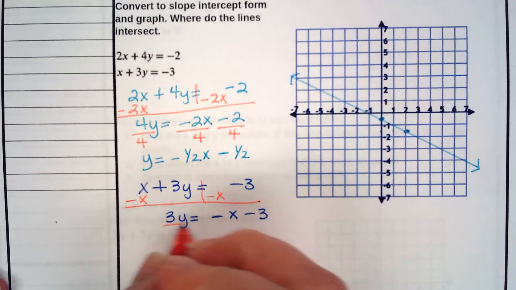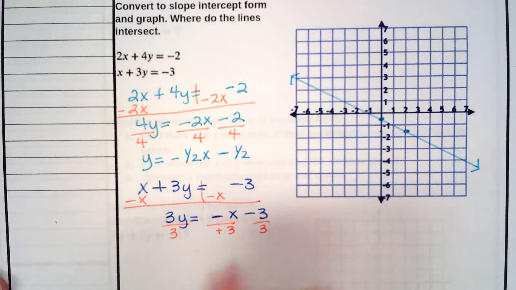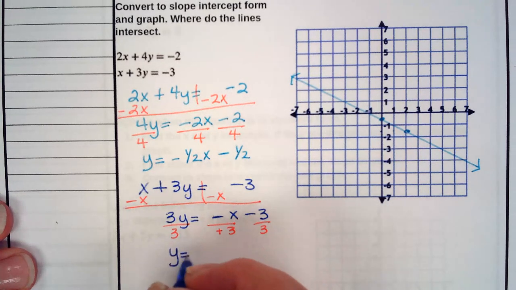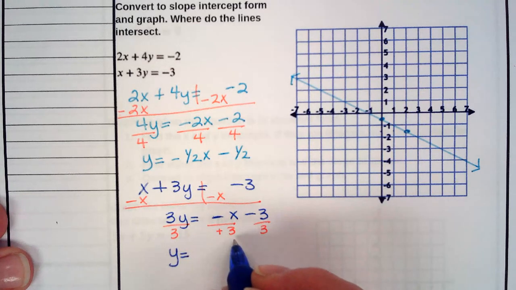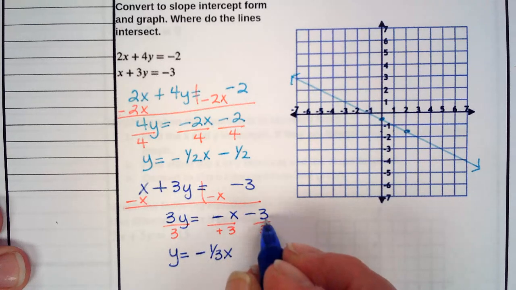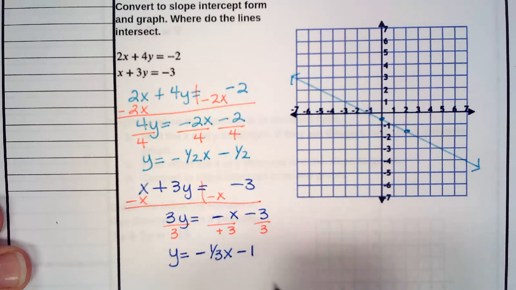Divide by 3 all the way across. y is equal to the opposite of x divided by 3. That is the same as negative 1/3 x. Negative 3 divided by 3 is negative 1.